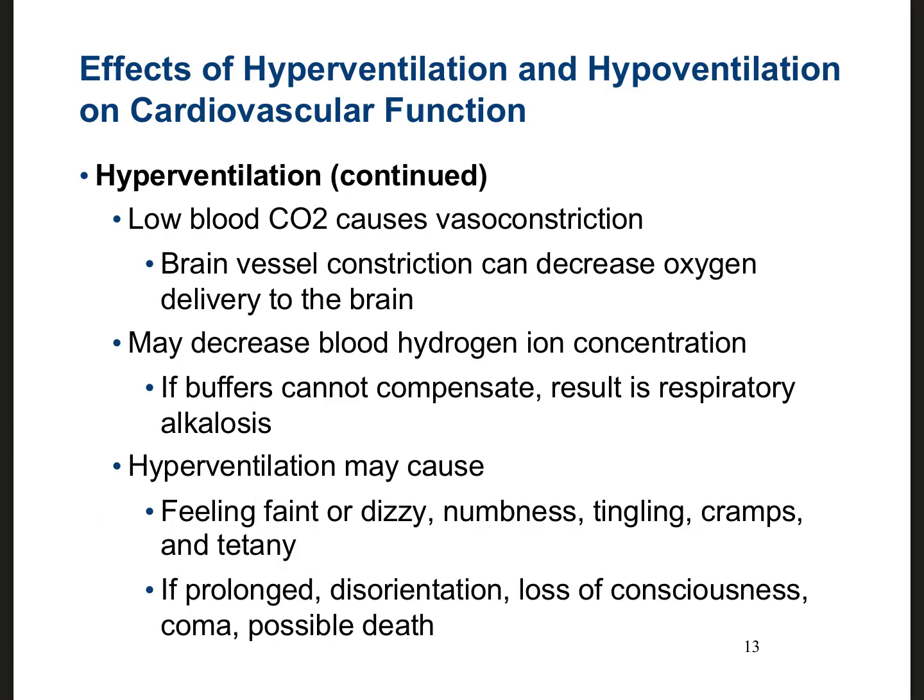Okay, so now with hyperventilating, CO2 is dropping in the blood. Well, low CO2 causes vasoconstriction, right? And it can actually lead to brain vessel constriction, right? It may decrease blood hydrogen ion concentration, what we just talked about. There's your respiratory alkalosis.